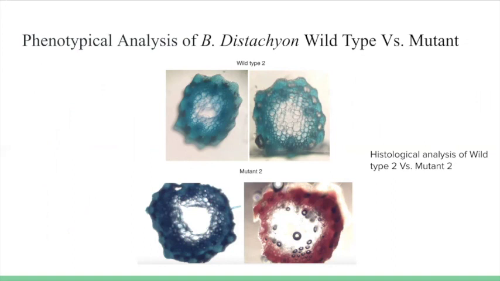And our results back this up. We can see that comparing this image of the wild type 2 versus the mutant 2, they're very similar, and any differences in brightness or coloration can be attributed to human error and differing microscope conditions.